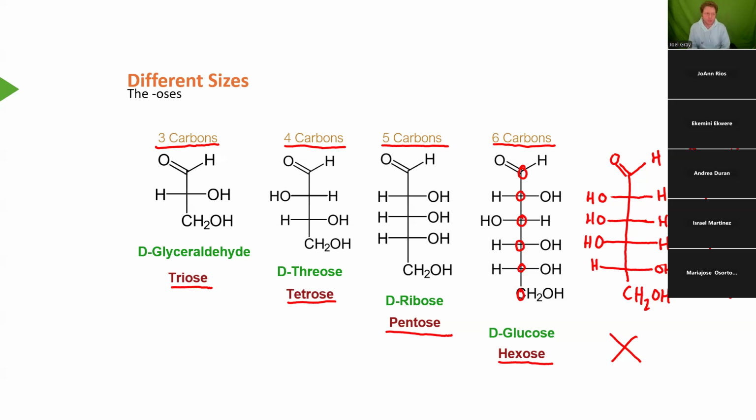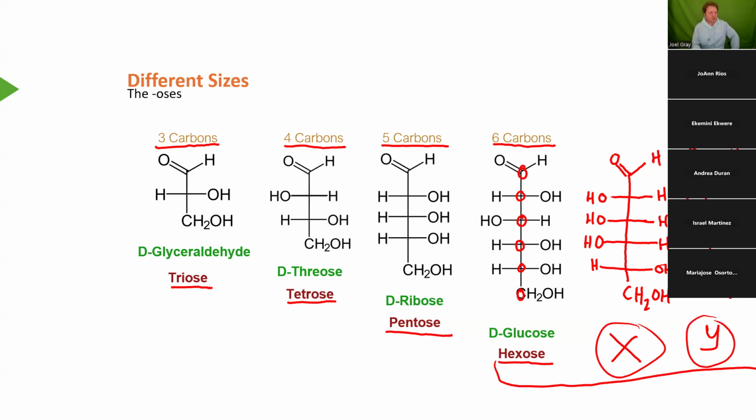This backbone that I have here, well, it's a hexose. This molecule that I've drawn a Y under, is it glucose? No, it's not. Is it this same molecule that I've drawn an X under? No, it's not.